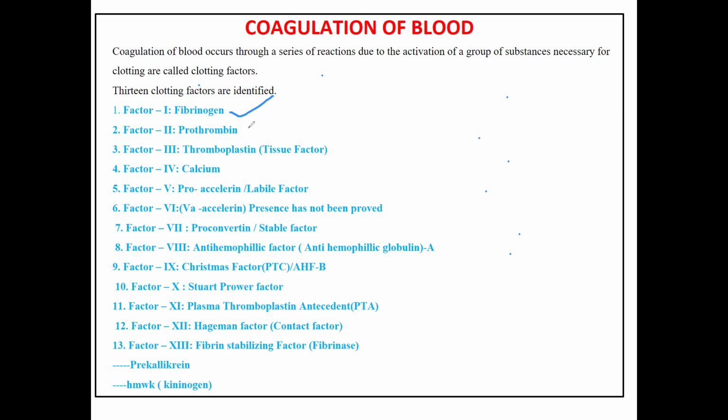Factor 2, prothrombin. Factor 3, tissue factor or thromboplastin. The fourth one is very, very important. Factor 4, calcium ion. Factor 5, labile factor or proaccelerin. Factor 6, accelerin.